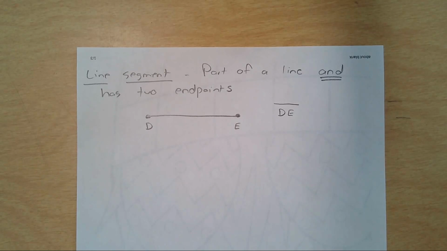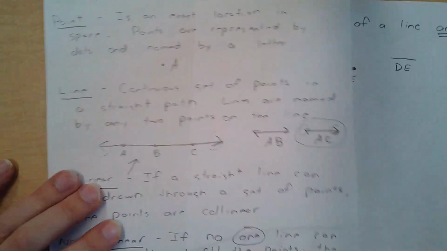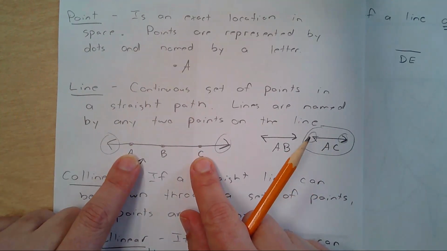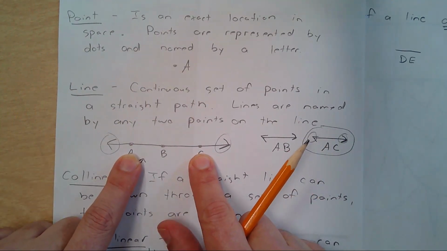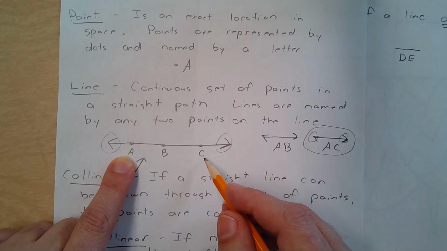And I'm just going to contrast it for a second to what we did with the line here. So with the line, again, this is not the end of the line here. This is not where the line ends. This is just 2 points or 3 points that lie on a line.